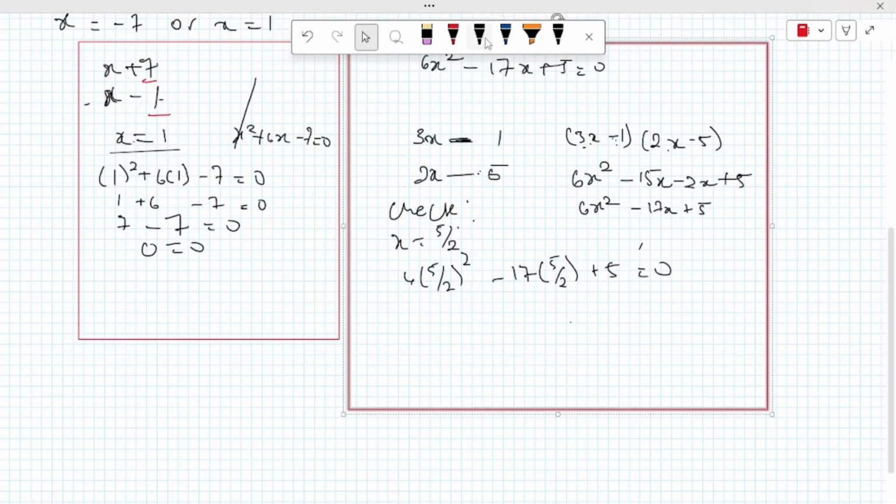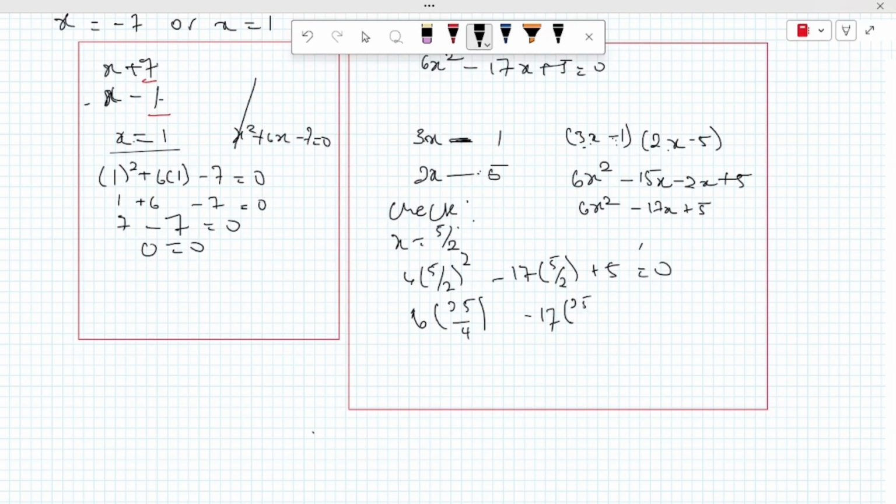So what I'm going to do from this step, it's going to be 6 times 25/4 minus 17 times 25/4 plus 5 is equal to 0. So how many times does 6 go into 4?